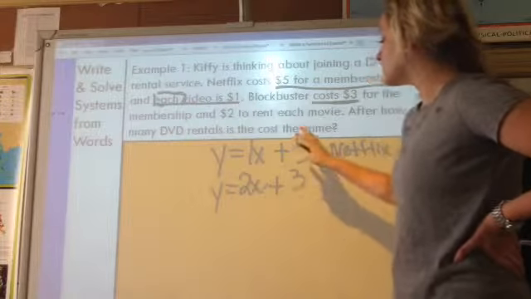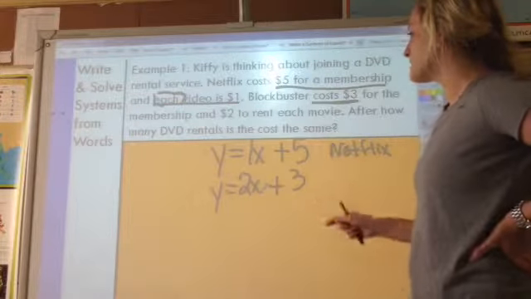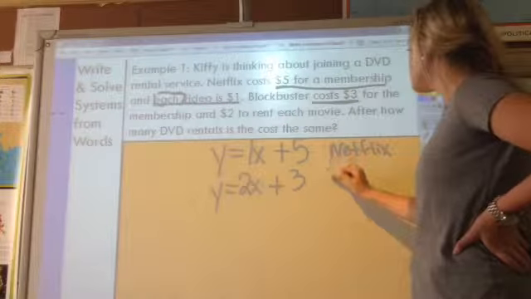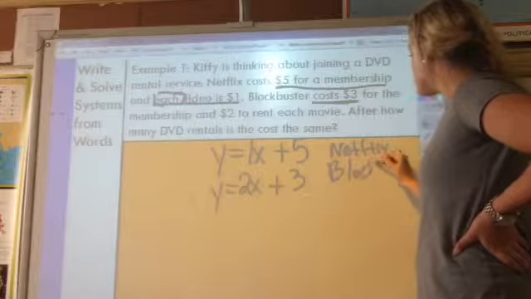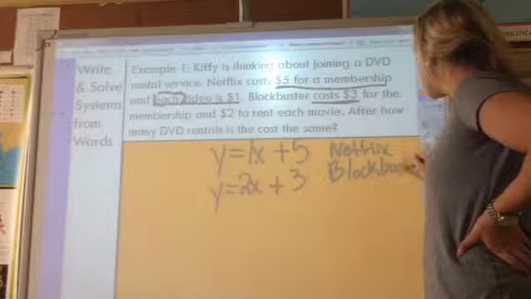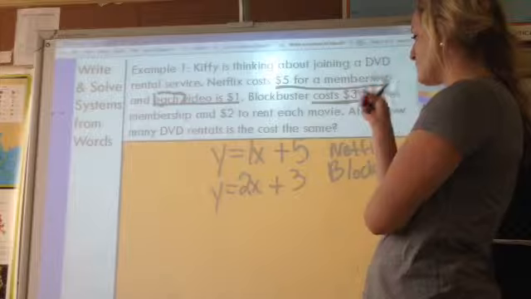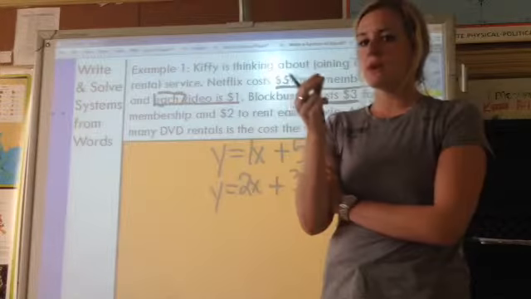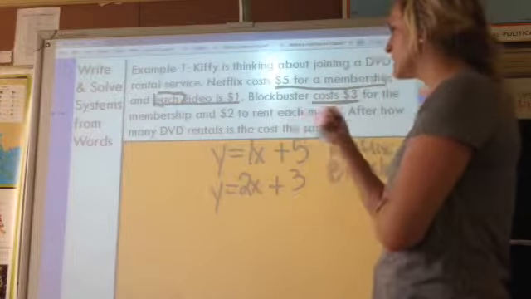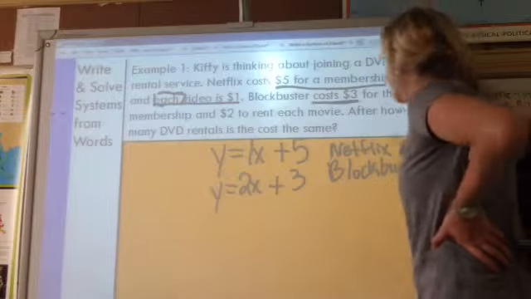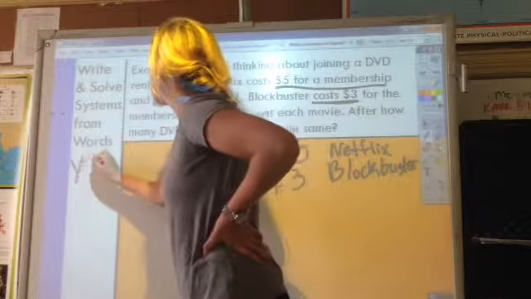So my two equations for this are y equals 1x plus 5 and y equals 2x plus 3. Now, what I'm interested in here is writing a table to figure out when the cost will be the same. And I'm going to use a method known as substitution in order to figure that out. So let's go ahead and write our table.